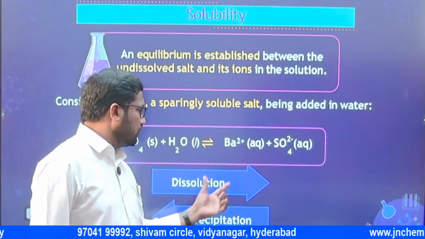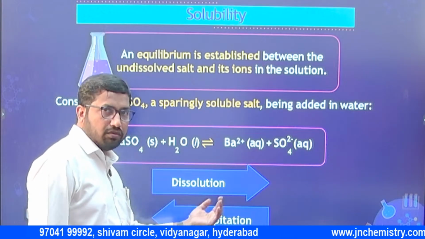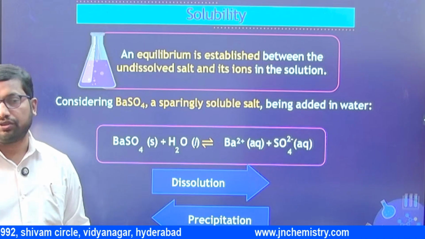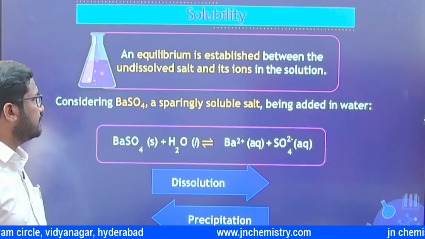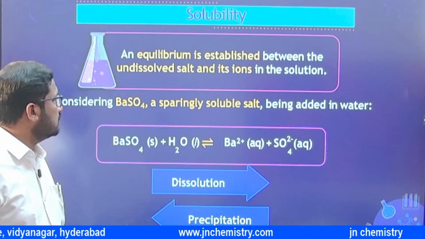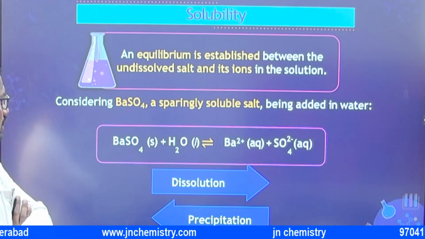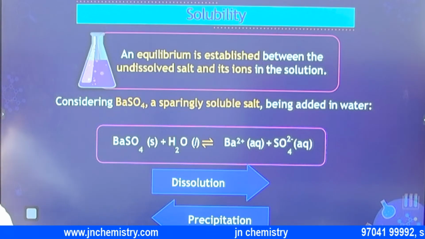Left to right is dissolution and right to left is precipitation. The equilibrium is established between the undissolved salt and its ions.